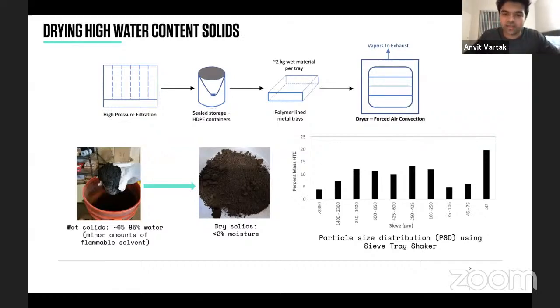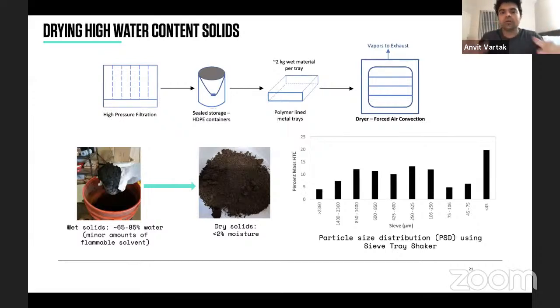And that's how you define the percent mass that's there in these ranges. So now you see that there's not too many particles that are smaller than 45 micron ranges, and you have to get down to the really tiny micron size range, the single digit micron size range, and you still have these large 45 micron or 1400 micron, which is almost a millimeter, all those big chunky particles.